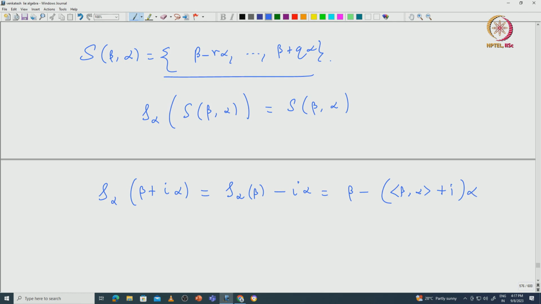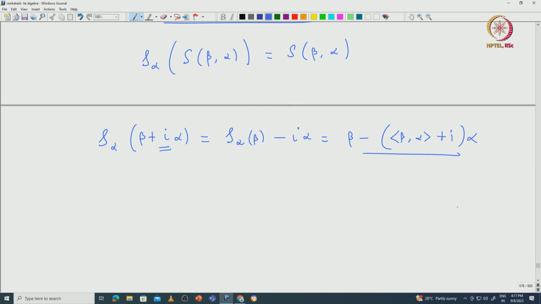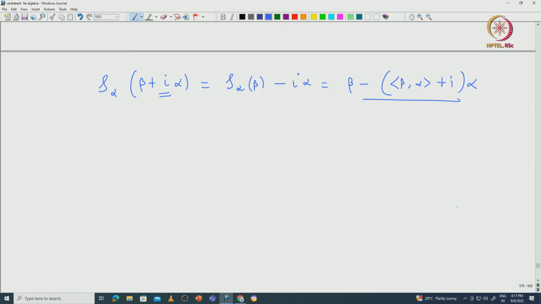So, when you take plus I, it is going to reverse it to minus, with that Cartan number associated with it. So, S alpha of beta plus Q alpha must be equal to beta minus R alpha.